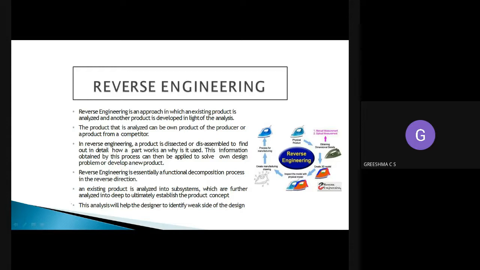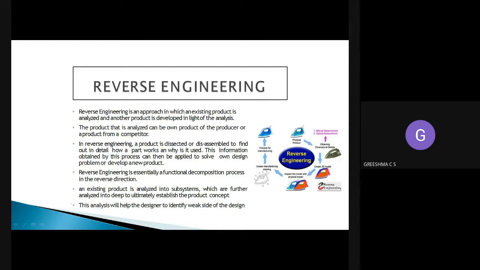You will have a product, you will disassemble it, and you will study each and every part. While studying each part, you will get new ideas. Why can this part be replaced? Why can't we use this instead of this? So this will lead to the development of a new product.